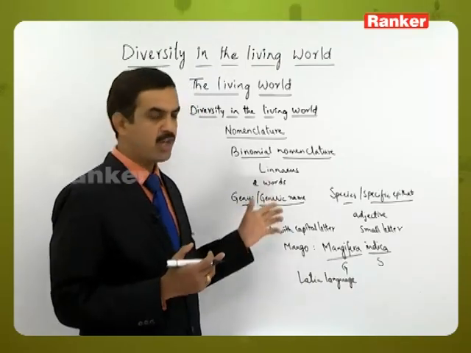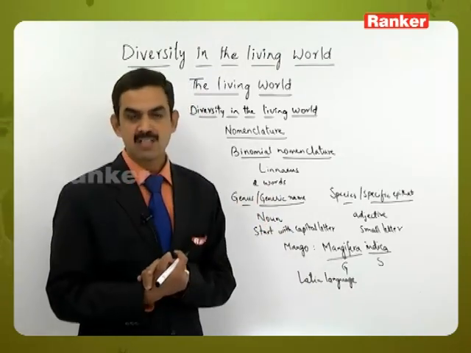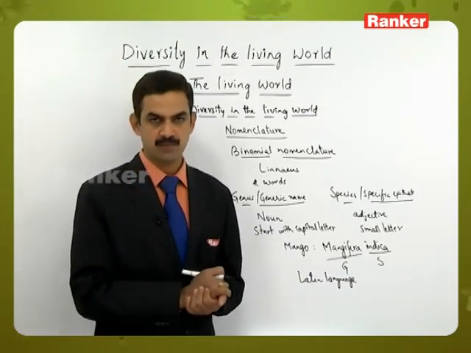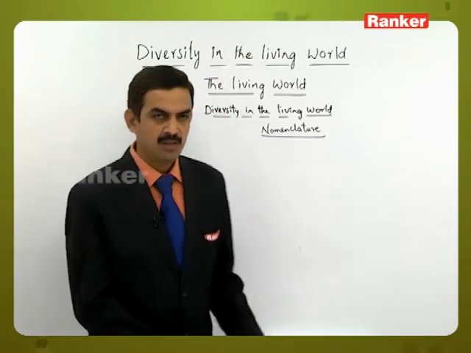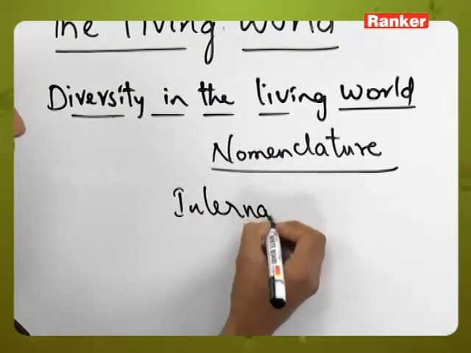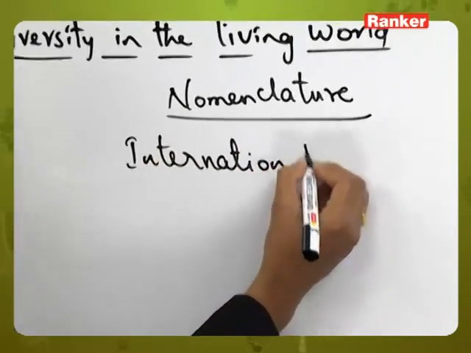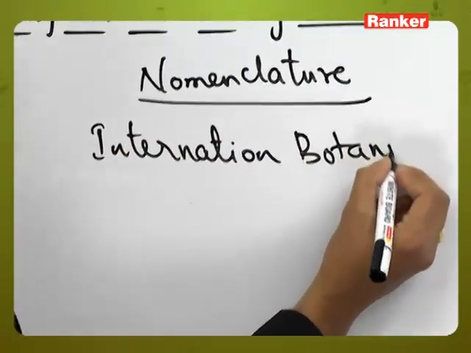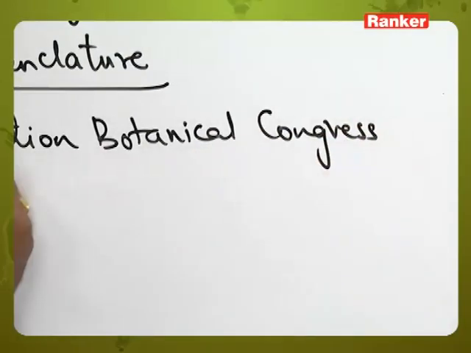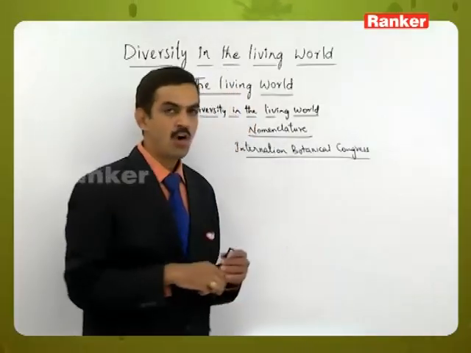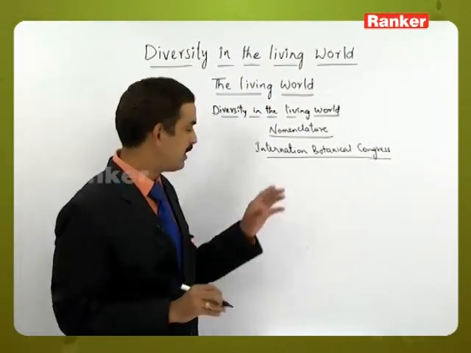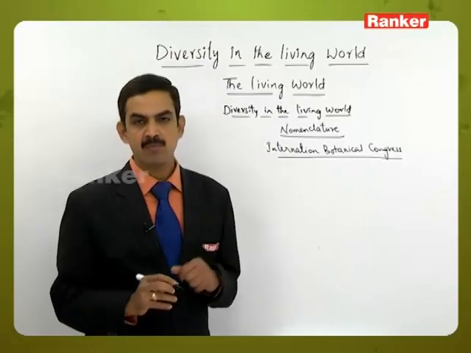So this is the binomial nomenclature, which helped in establishing the correct way of naming plant species. The botanical scientists of the world form an International Botanical Congress every 5 to 10 years. In this Congress, all the well-known, world-famous botanical scientists assemble and frame some principles.